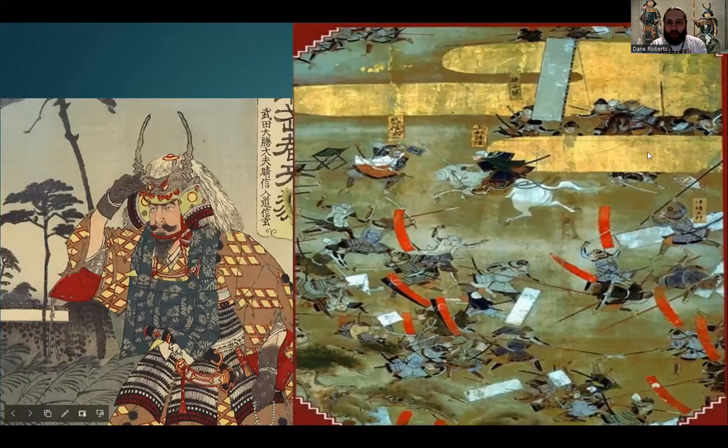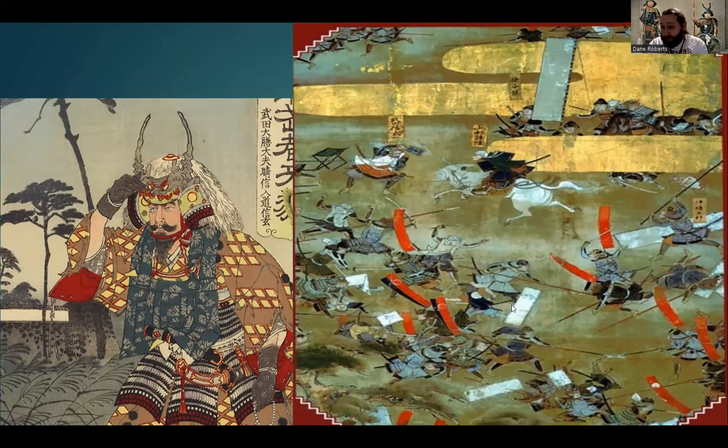And so, as I said, in the fourth battle of Kawanakajima, Uesugi Kenshin would be able to take advantage of the gap in Takeda Shingen's battle lines and would be able to lead much of his army deep into the military camp of Takeda Shingen.